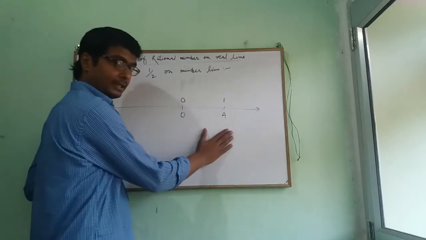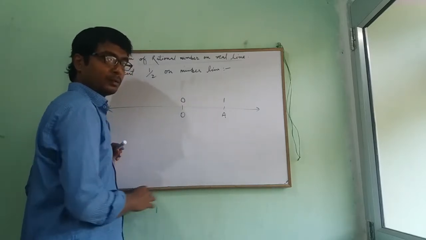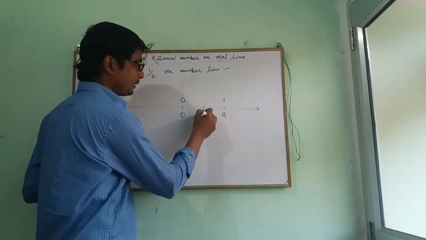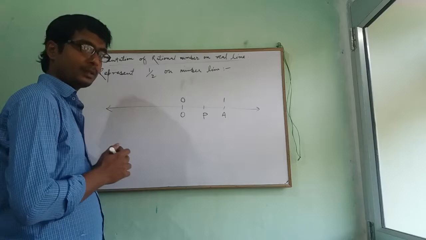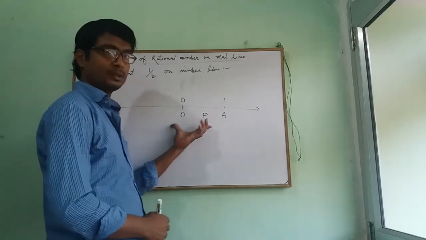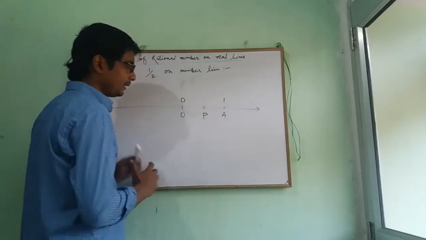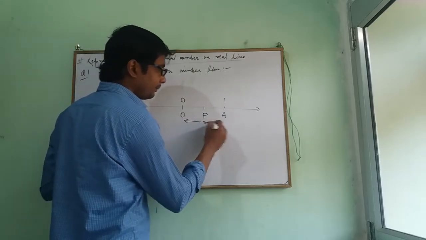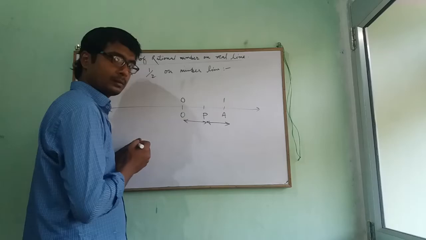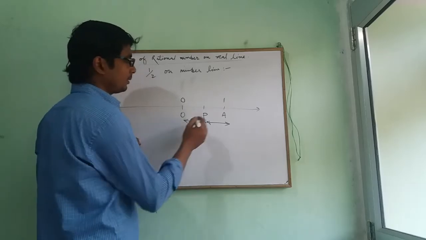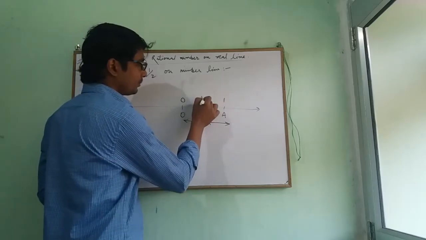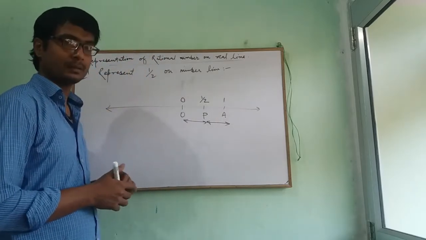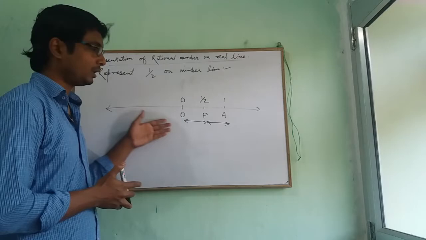Now I will divide OA into two equal parts. Let P be the point which is the midpoint of OA. Now you can see OP is the first part and PA is the second part. So I may write OP as 1 by 2. So here I have represented 1 by 2 on the number line.